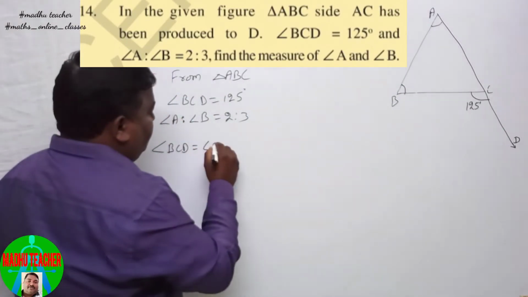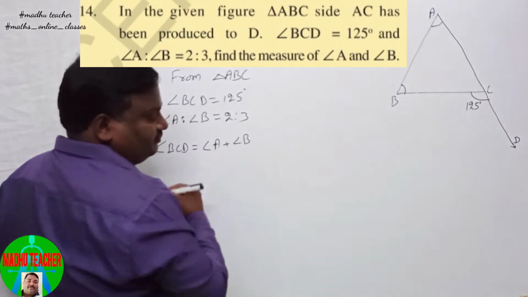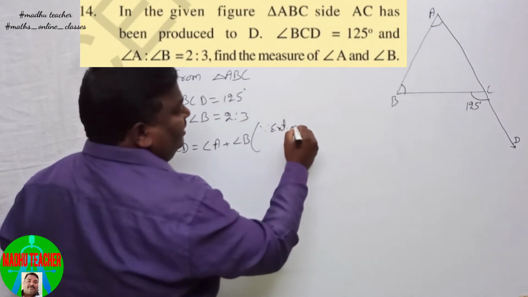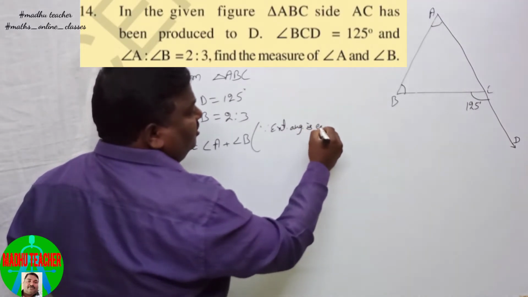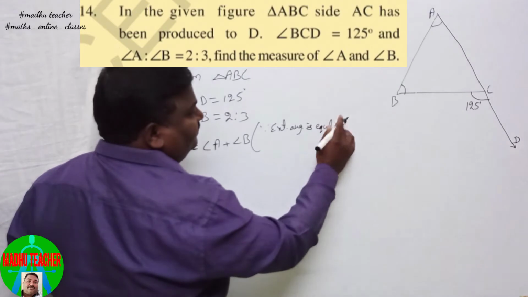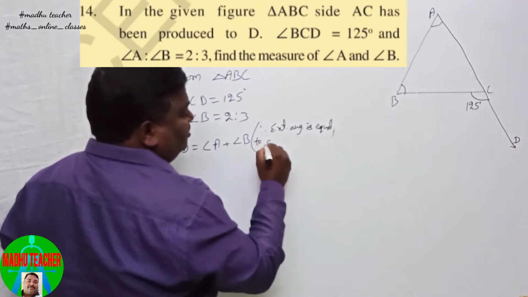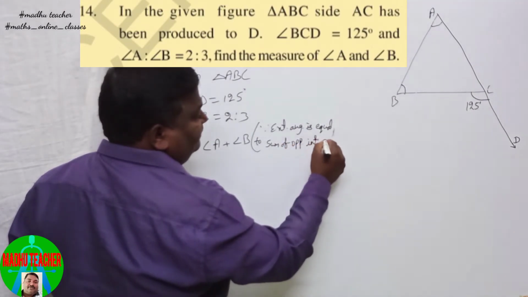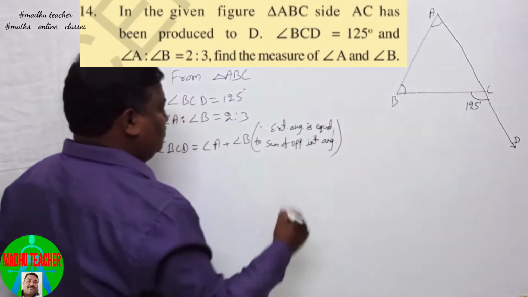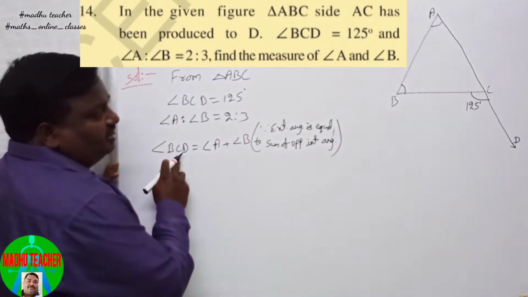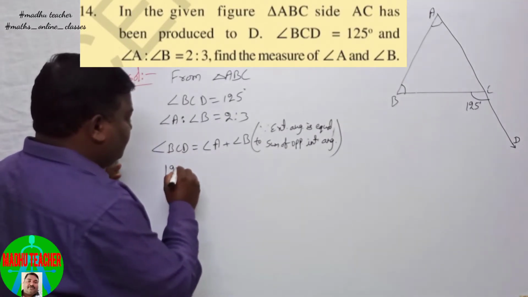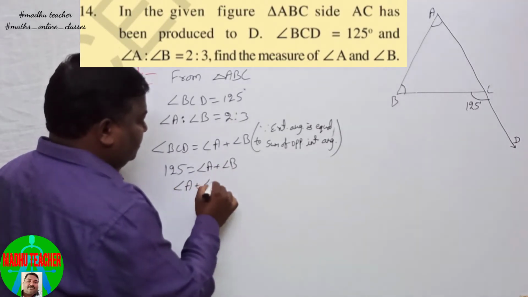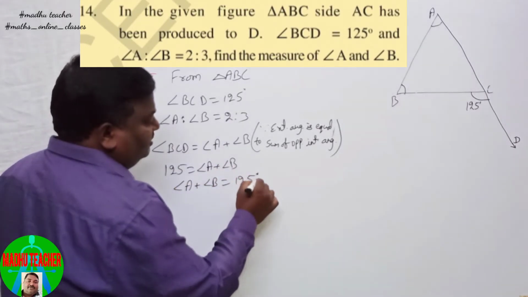That is angle A plus angle B. So angle BCD is 125 degrees, equal to angle A plus angle B. That means angle A plus angle B equals 125 degrees.